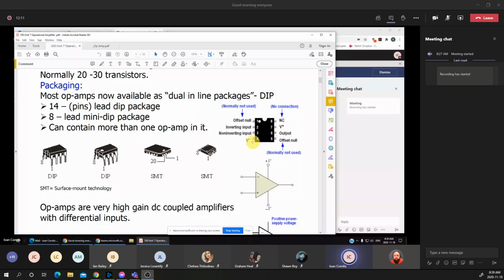The voltage sources, or the supplied voltage: you notice that I'm having 2 supplied voltages. One is labeled as the V plus, and you will see some other notation. Again, it's not standardized, how it's labeled or the notation for the positive voltage. And the other one is the V minus, which is the negative voltage.